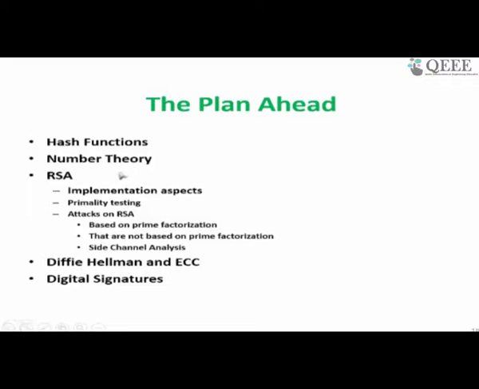Then in the next class, we will look at the RSA protocol, the implementation aspect, something known as primality testing, and the various attacks on the RSA crypto system. Then we will also look at hash functions, digital signatures, and if time permits, we will go into more detail about Diffie-Hellman and elliptic curve cryptography.